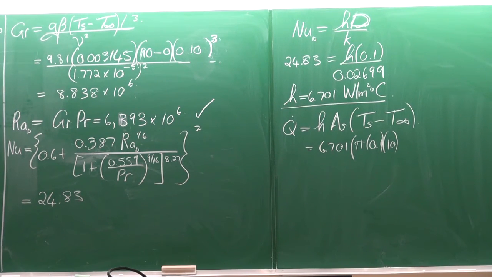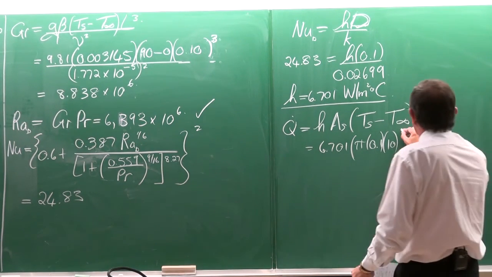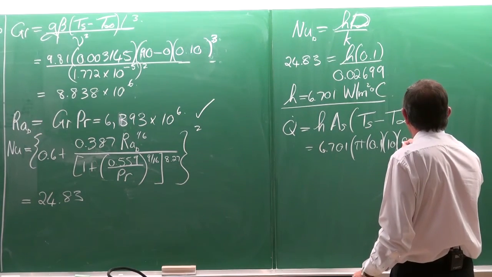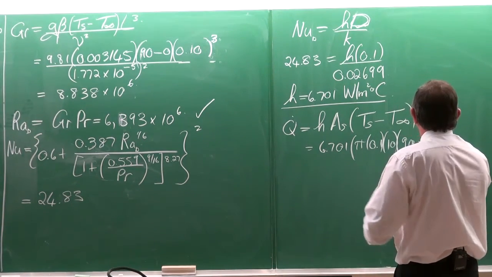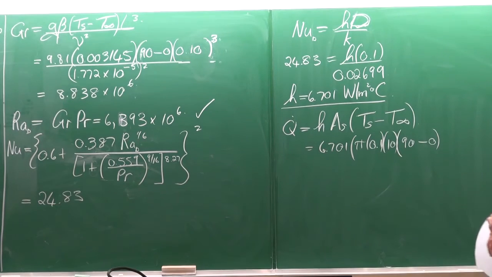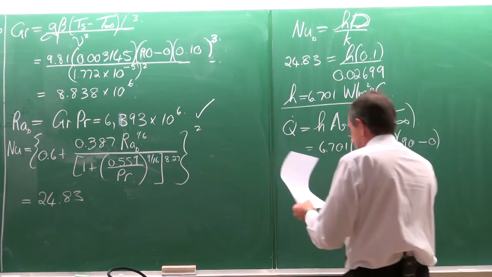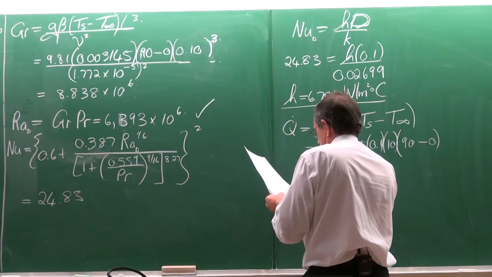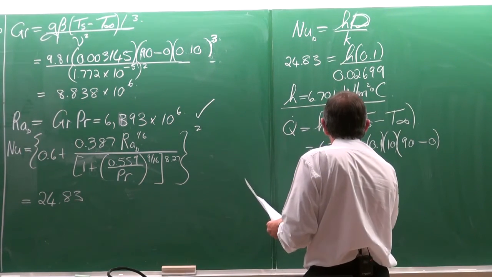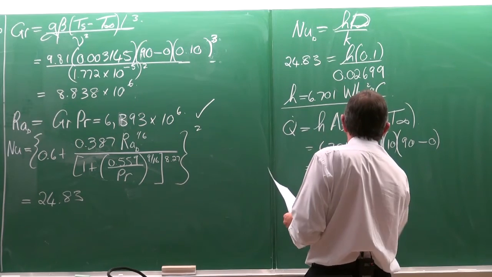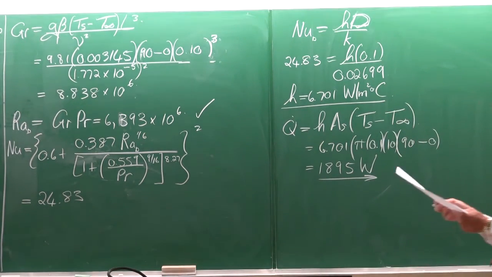Pi multiplied by the diameter gives us the perimeter, multiplied by the length would give us the surface area for heat transfer. Multiplied by the surface temperature is 90, minus the environment temperature is 0, and then we can calculate the heat transfer rate as 1,895 watts. So about 1.9 kilowatts.